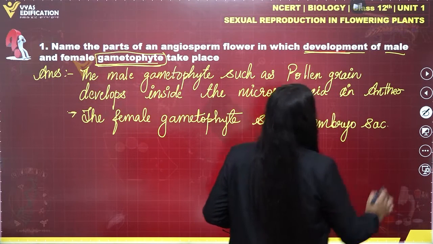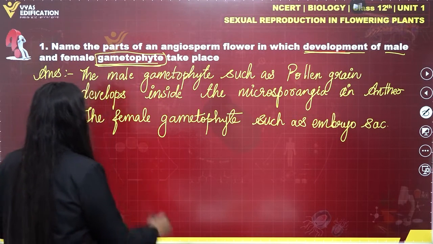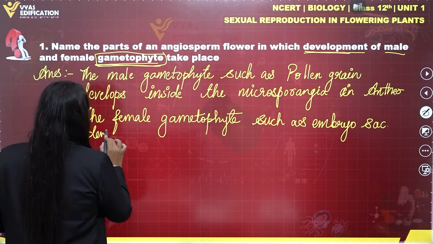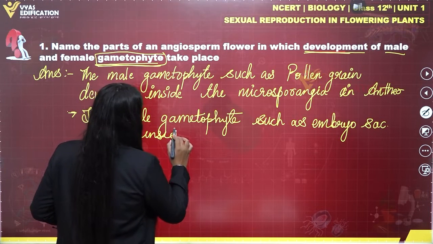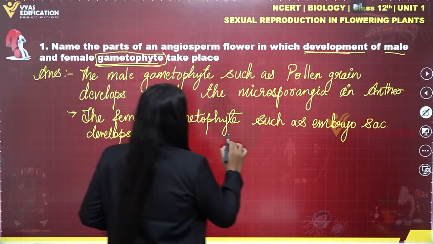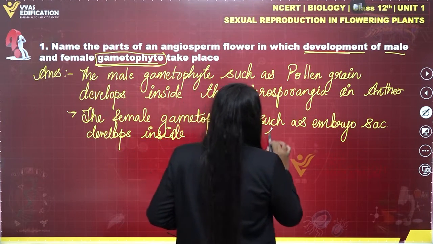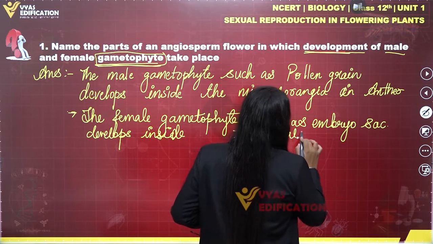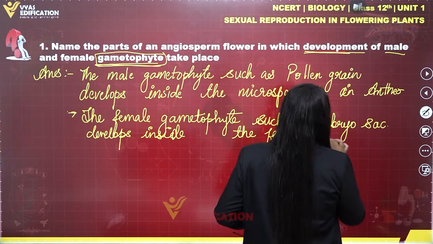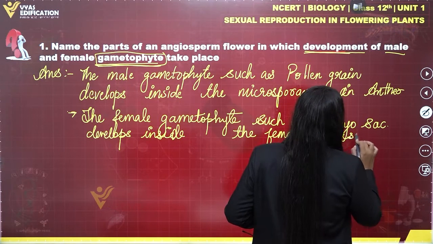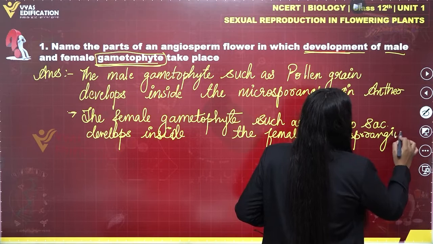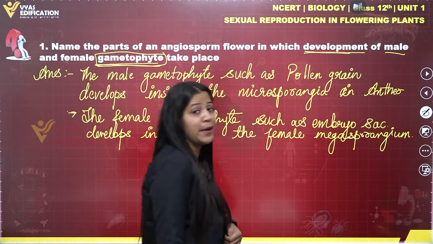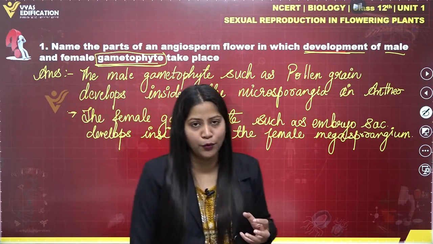So the female gametophyte such as embryo sac develops inside the female megasporangium. Now what is the female megasporangium? The female megasporangium is an ovule.